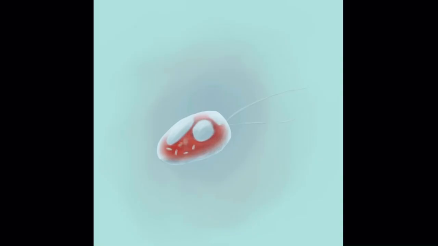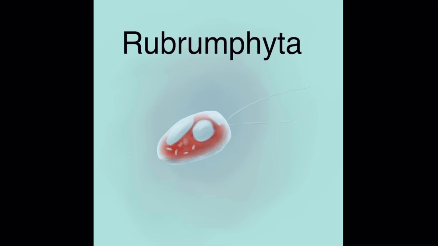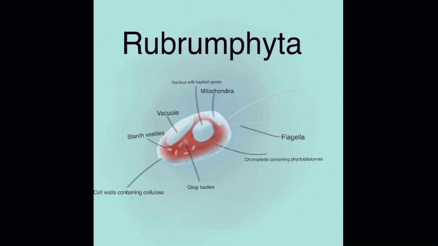The clade we'll be focusing on is called Rubrum phyta. They most likely evolved from eukaryotic cells that formed an endosymbiotic relationship with prokaryotes that perform photosynthesis. Other synapomorphies of this clade are cell walls made of cellulose, flagella, vacuoles, and starch vessels. Ancestral Rubrum phyta would have had haploid genes and thrived at the uppermost part of the photic zone.